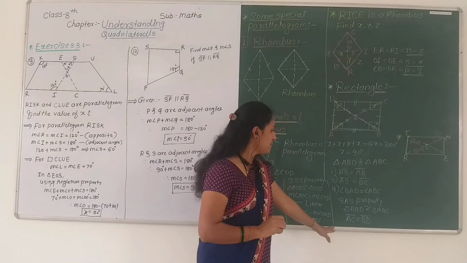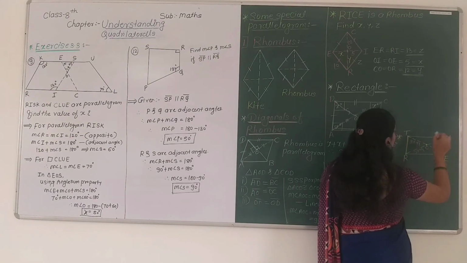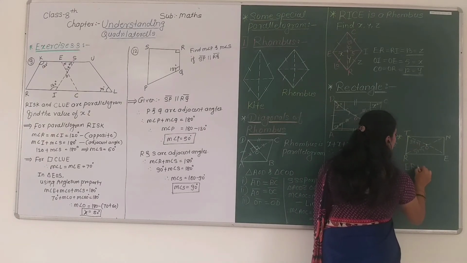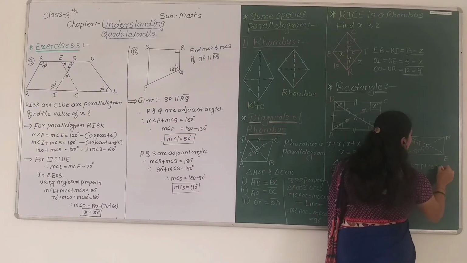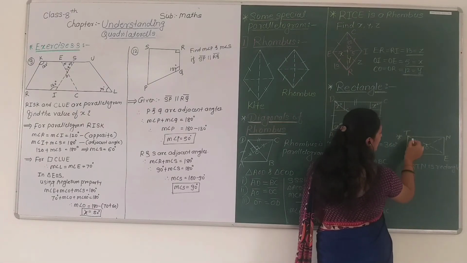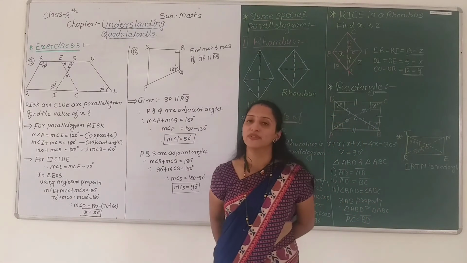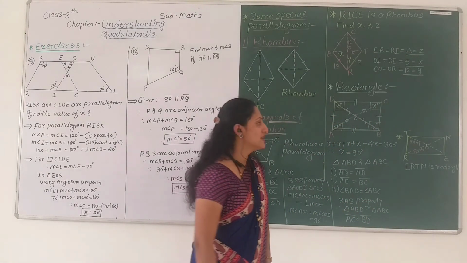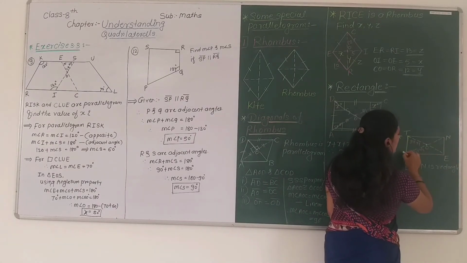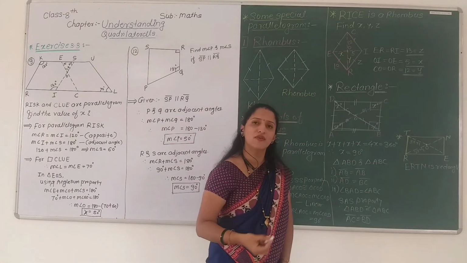Okay, diagonals of a rectangle bisect each other and they are the same length. So look at here. Here ERTN is a rectangle. Here we are given these two lengths and we have to find the value of x. How can we find this? We have learned earlier that diagonals of a rectangle bisect each other and they are of the same length.